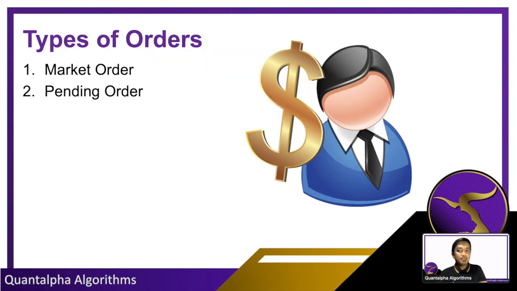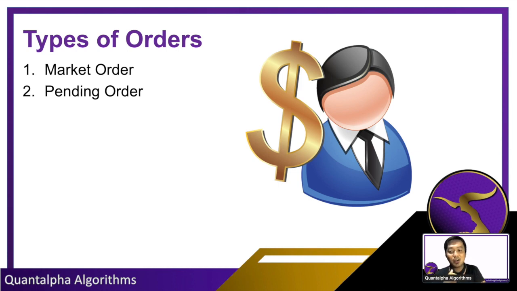Now, regarding the types of orders, we have two different types. The first one is the market order, meaning whatever the price in the market, we will not be choosing any other price; whatever is the available price in the market, we will trade at that price right now.